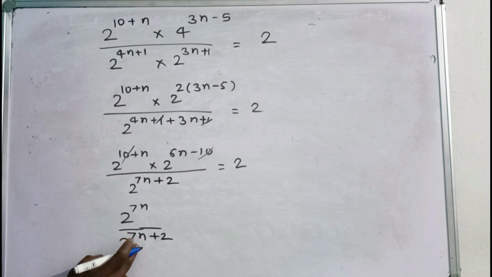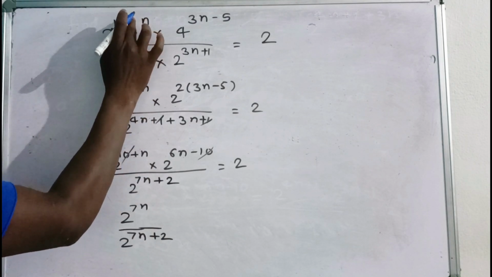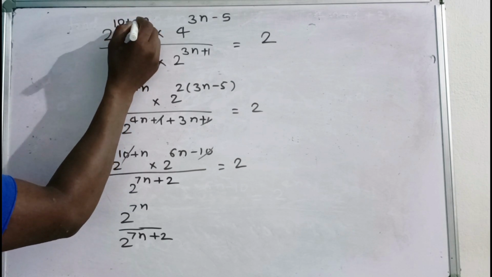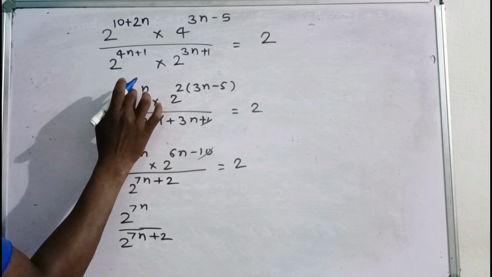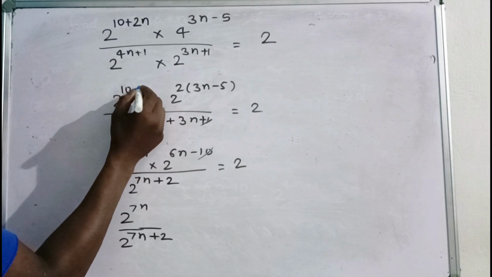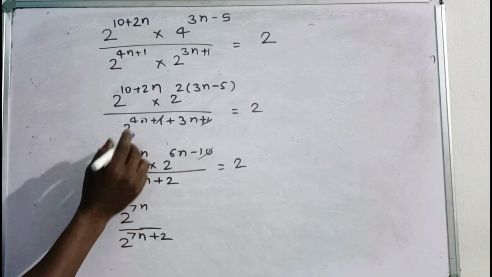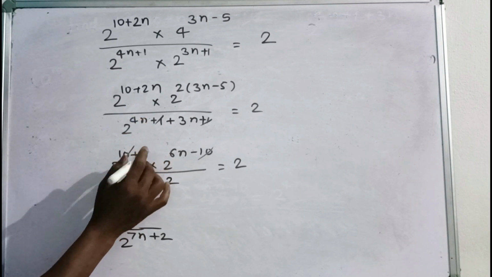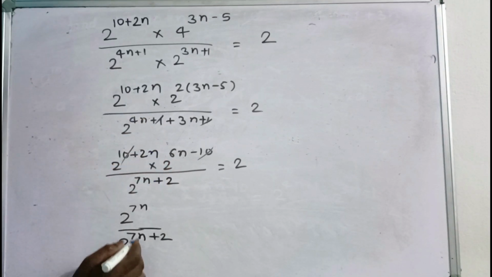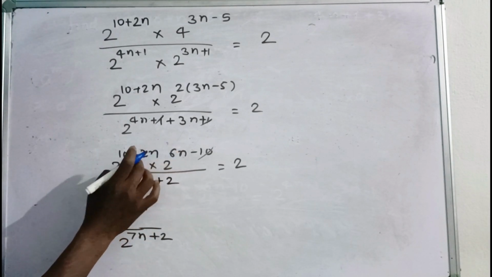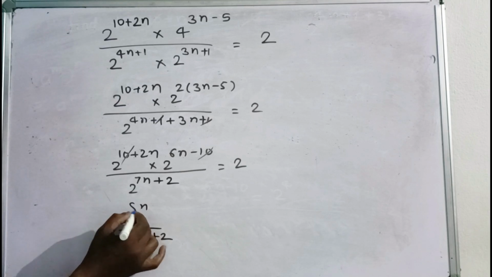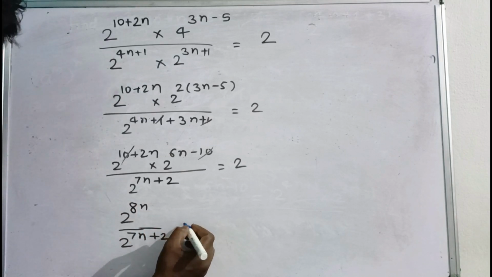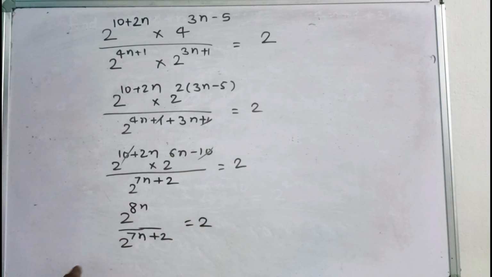Again 7n get cancelled. Here we will put here plus 2n, 10 plus 2n, that now it is 8n. Now we can solve it.